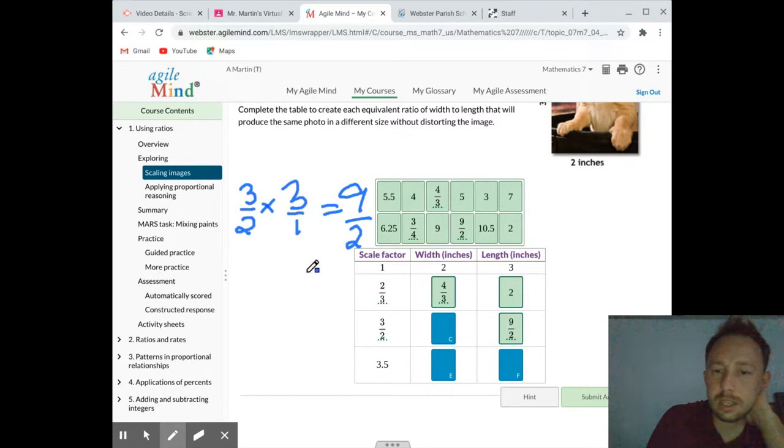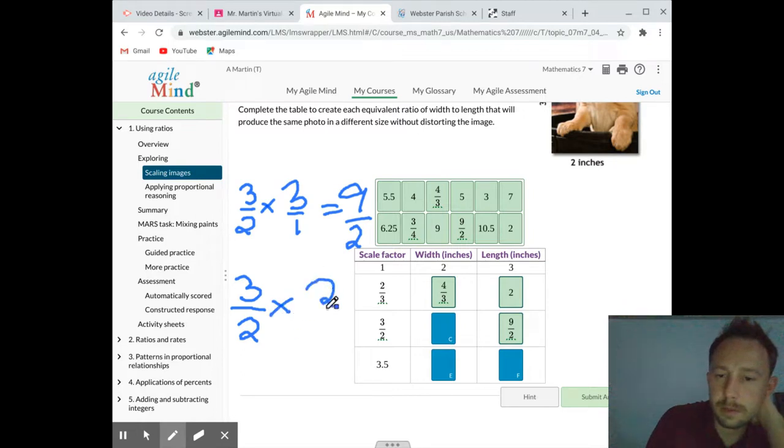All right. Alora, I want you to see if you can get C. We're going to do the same thing, except instead of multiplying by 3, we have to multiply by what? 2. Good. So what is 2 times 3? 2 times 3 is 6. Good. And what's 2 times 1? 2. Good.